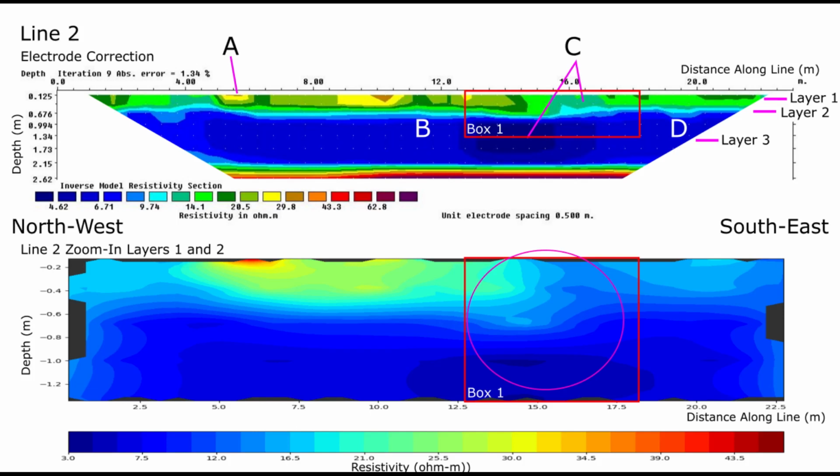Some areas of the ground contribute to multiple data points during the survey as the current passes through them during different data point collections. So there's a lot of information that can be obtained from these individual data points about the ground along the entire survey line. The individual data points are put into software called inversion software.